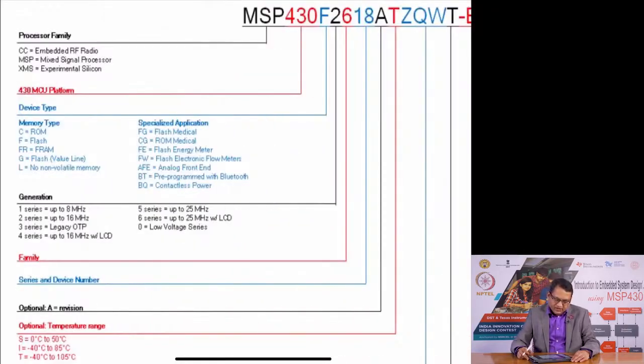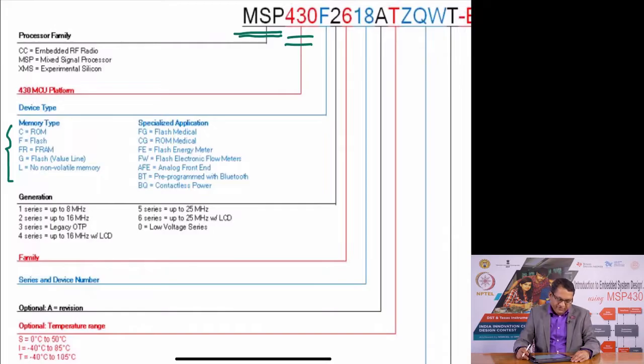Before that, here is a nomenclature. Let me see if I can zoom it. So, you would see these microcontrollers would be available starting with MSP and then 430, because this is a 430 platform. The next numeral used indicates the kind of memory that is available.